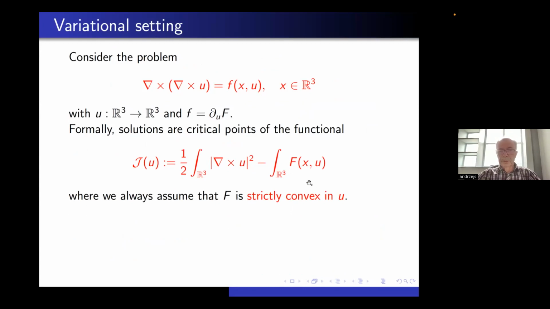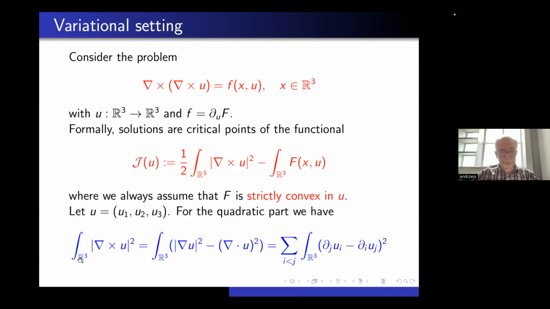And we always assume that F is strictly convex in u. In fact, if this assumption is dropped and one has the full curl equation, then absolutely nothing is known.